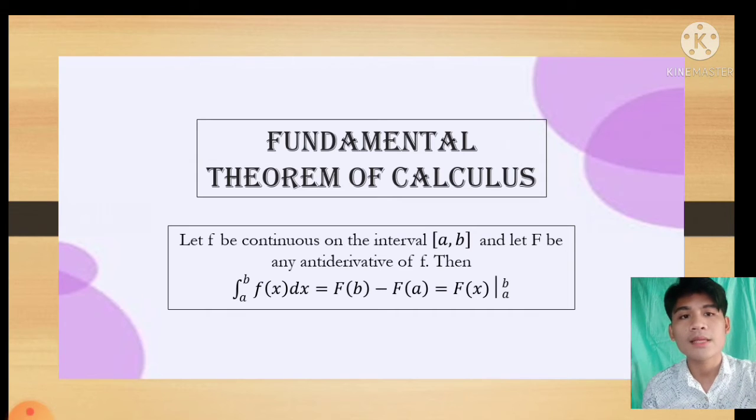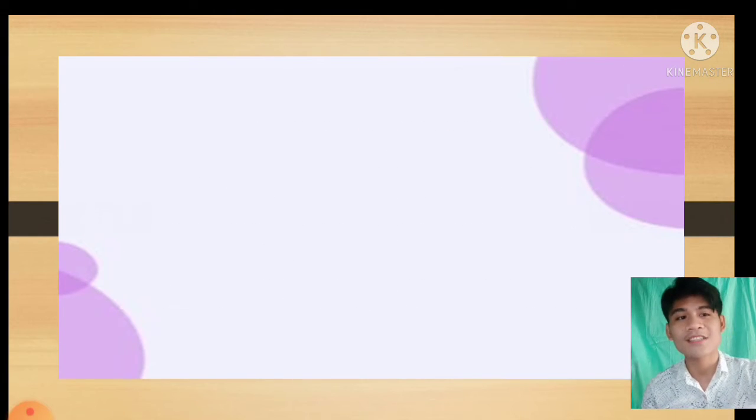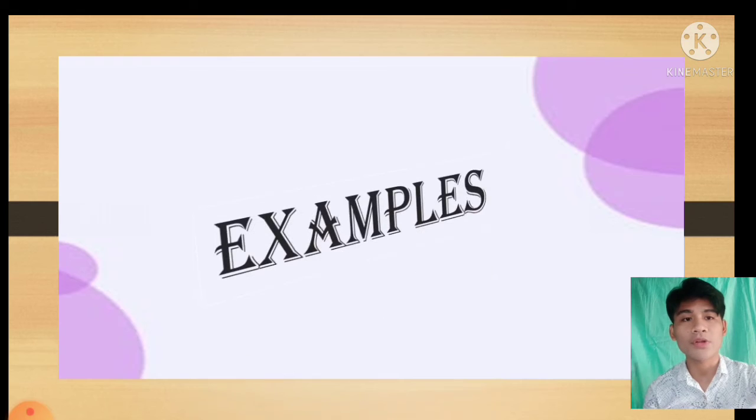Then the integral of f of x dx from a to b is equal to capital F of b minus capital F of a, which is equal to capital F of x evaluated from a to b. So for us to apply the fundamental theorem of calculus, considering the properties of definite integrals and the definition itself, let us explore it through the given examples here.